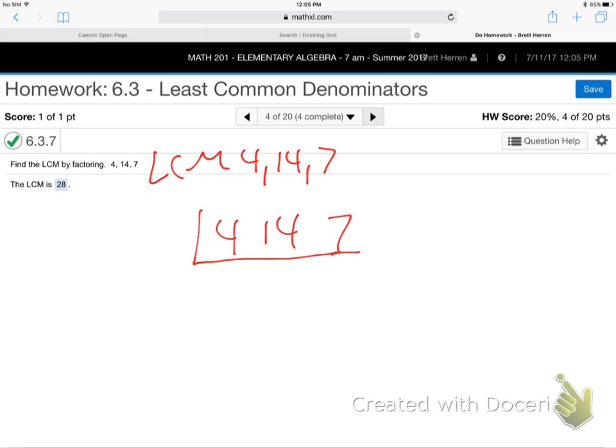So you want to do whatever number goes into at least 2 of them. So what's a number that goes into at least 2 of those? 7 does, and so does 2. You can do them in any order. 2 first, then 7, or 7 first, then 2, doesn't matter.